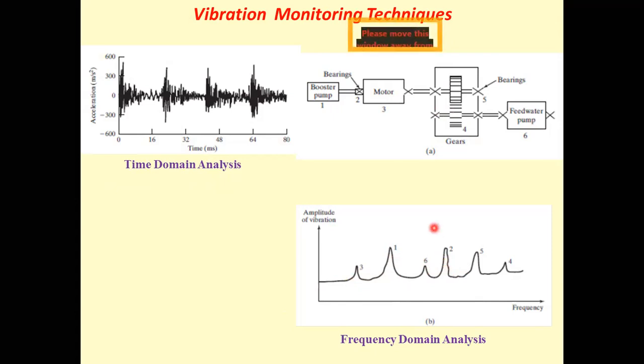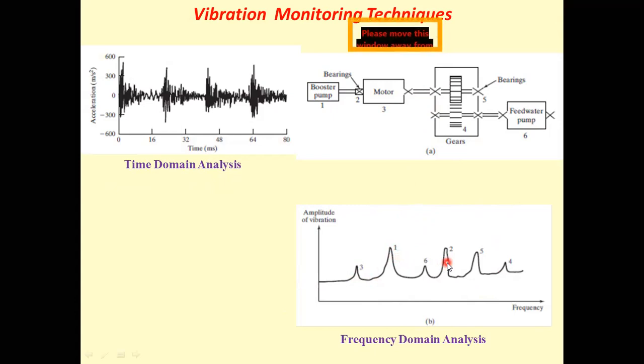So we have to compare the frequency spectrum of the machine when it is in good condition and when it is in faulty condition. By using this comparison we can say which part or which system is damaged, and the fault can be detected.